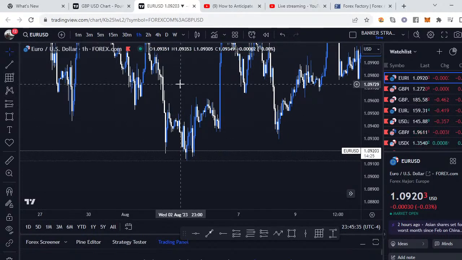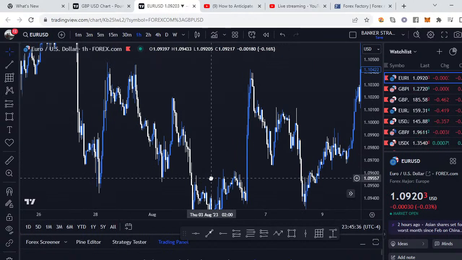An order block is, I know what I said earlier. That's what we call it. That's what it is.